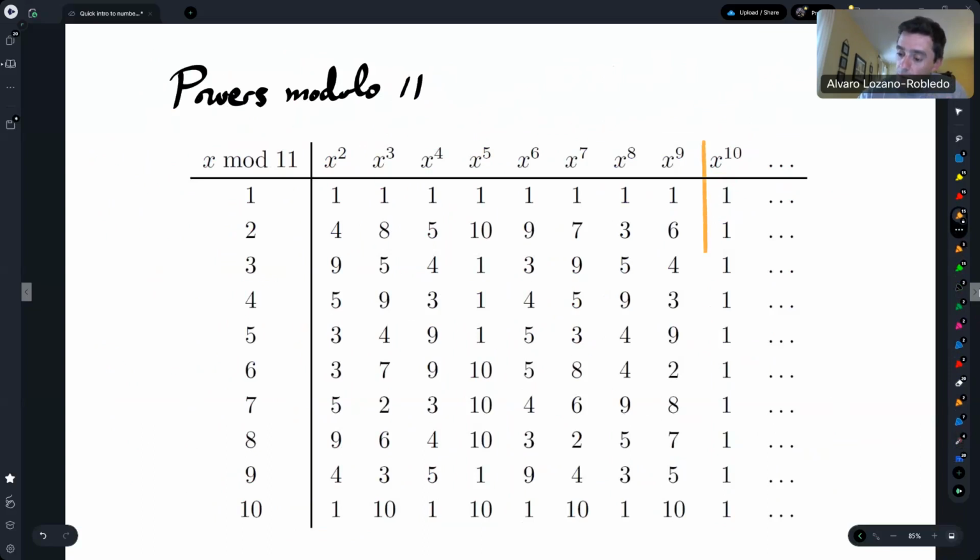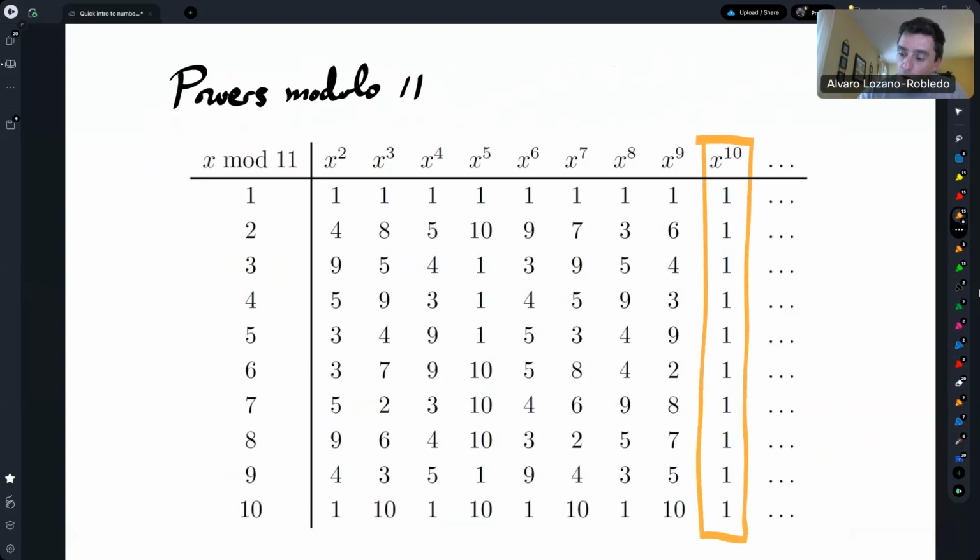Let me box it like this: the 10th power of every integer seems to be congruent to 1 modulo 11 for every unit class, and for every non-unit class, every number to the 11th power is congruent to itself. There will be here 1, 2, 3, 4, 5, 6, 7, 8, 9, and 10.